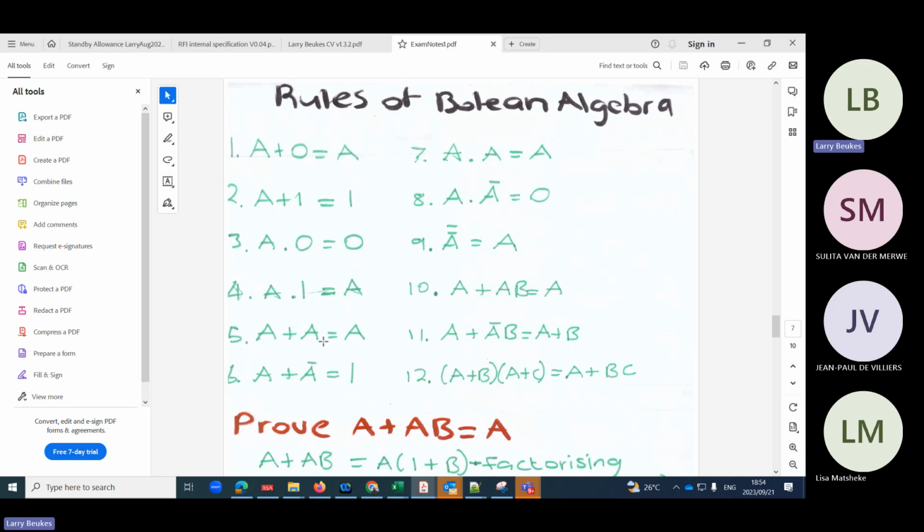A plus A, this will be our new law, which is the idempotent law, right? And then this one, A and A will be the idempotent law. Okay, so I don't know this one. A plus, I can prove it, but I don't know what we can call this one, but we'll see now.